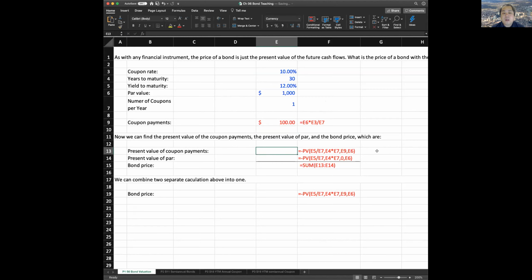Now the present value of the coupon payment will be, I put the negative because we will have a negative number since we pay to buy these bonds, but the price is not negative, so I just put a negative to make it positive. The first value is the rate, which is yield to maturity.